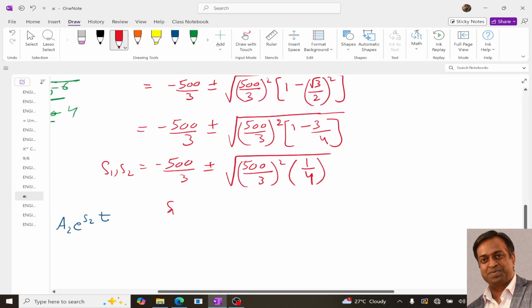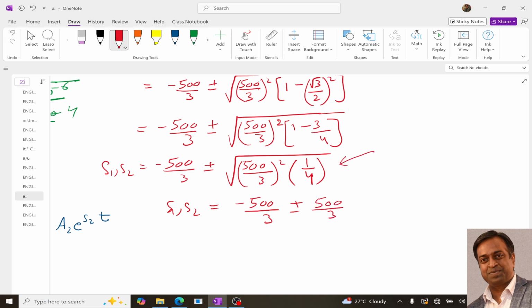So S1 S2 is equal to, and then this under root can be removed, we will get minus 500 by 3 plus minus 500 by 6.